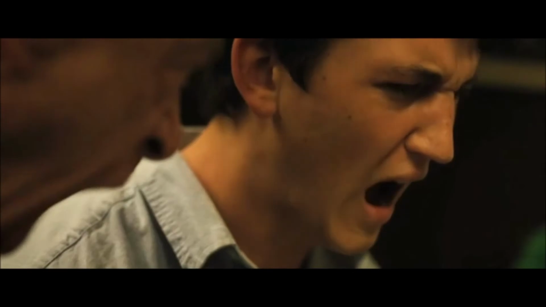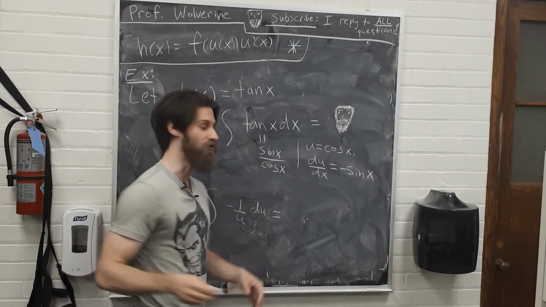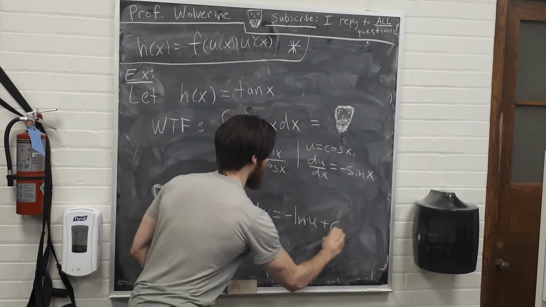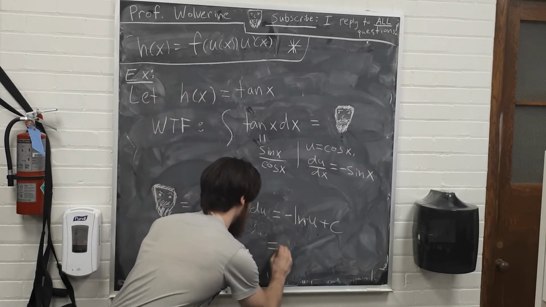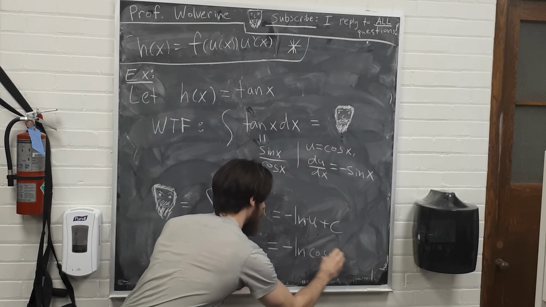It's just minus log u plus c, or as you might say, minus ln u plus c. Where u is cosine of x, so this is just equal to minus ln cosine of x plus a constant.